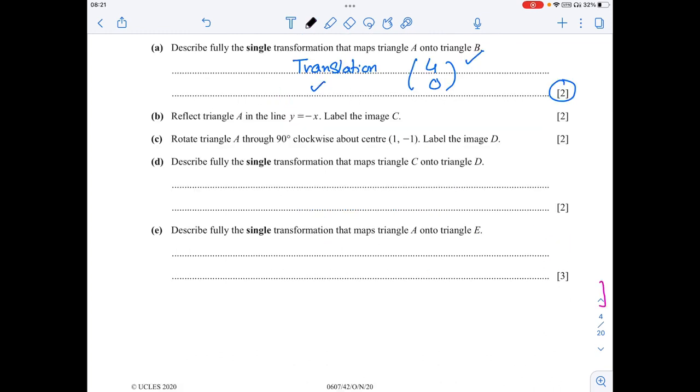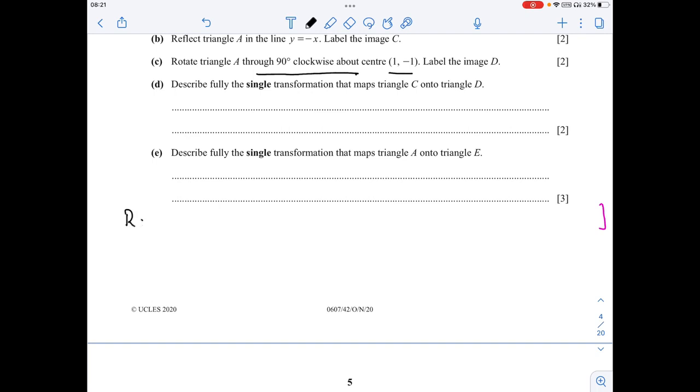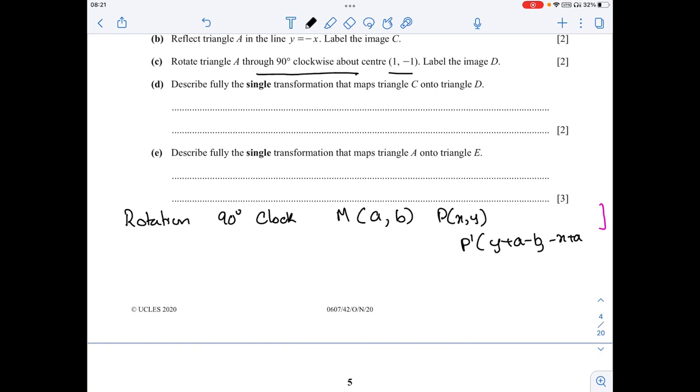Coming to part C, rotate the triangle through 90 degrees clockwise, center 1, minus 1. So for that rotation, 90 degrees clockwise with the center A, B, the formula will be P(x, y) becomes P prime (y plus A minus B, minus x plus A plus B).